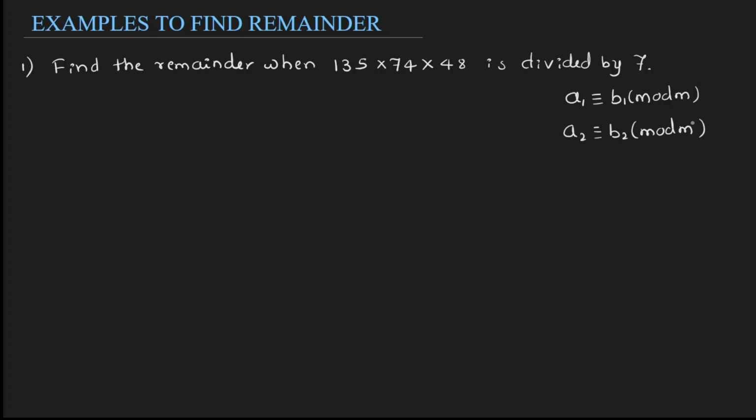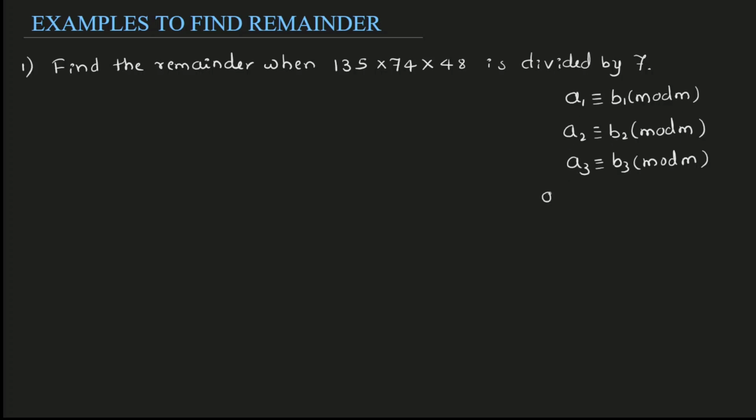Another number A2 is divided by the same divisor M, then the remainder will be B2. A3 is congruent to B3 mod M. So our M is the same here. All A1, A2, A3 are divided by M only.